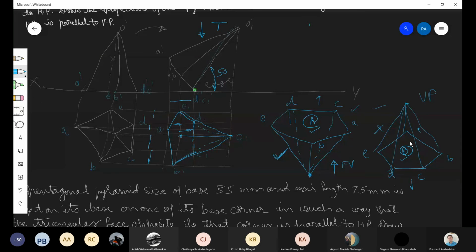And if I mention in the question a sentence like this: the apex should be close to the VP, or the apex should be away from the observer, or the base should be close to the observer, or the base should be away from the VP. The meaning of all four is the same. In that case, each one of you should draw this and not this.